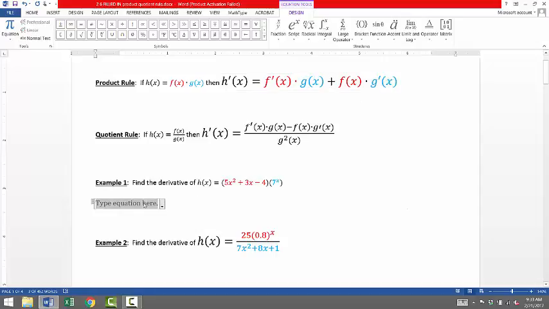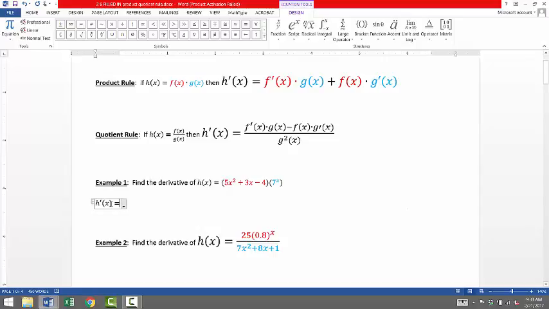Down here in example 1, h is one function, 5x squared plus 3x minus 4, which I put in red, times another function in blue, 7 to the x. To find the derivative of h, we have to have these four pieces.